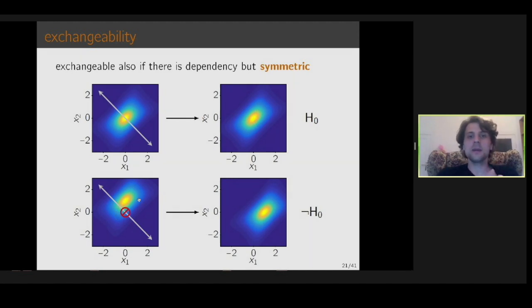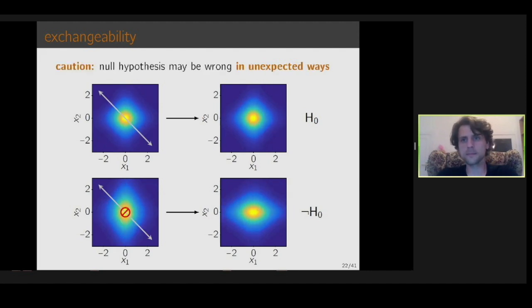Again, if there is a dependency, but this dependency is not symmetric because x2 has a larger mean than x1, the joint distribution changes when exchanging variables, and therefore this is not a case of exchangeability. You have to be very cautious because the null hypothesis may be wrong in rather unexpected ways.